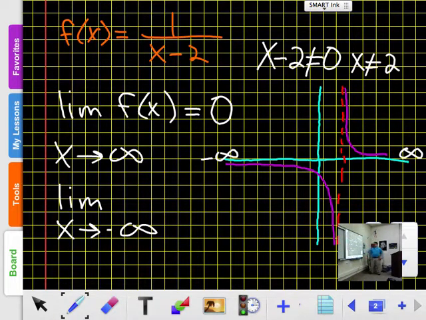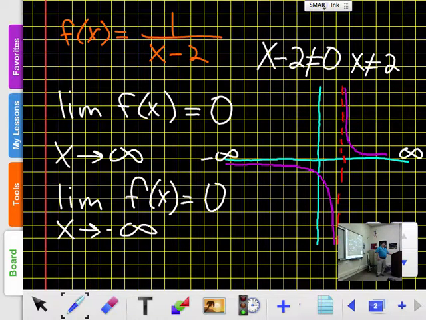All right, now what if we look at this as it approaches negative infinity? So we want the limit of f of x as it approaches in this direction. What does it look like it approaches if I went on forever in that direction? 0. Okay. So where does that come from? Does anybody know?